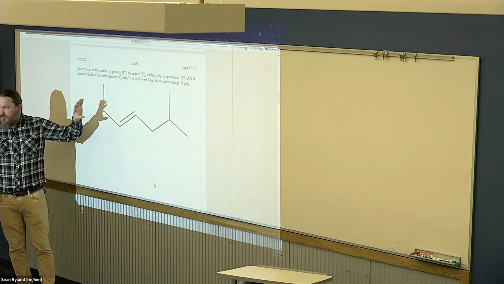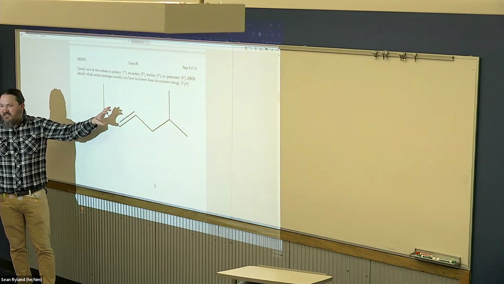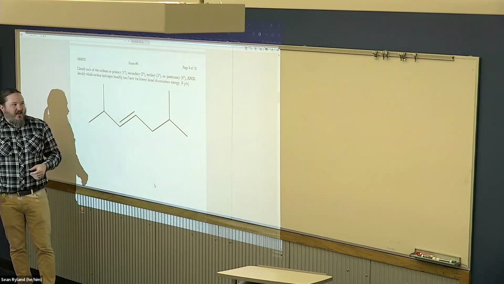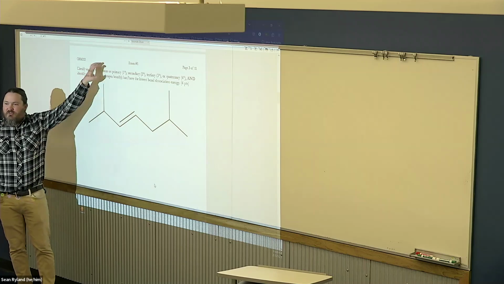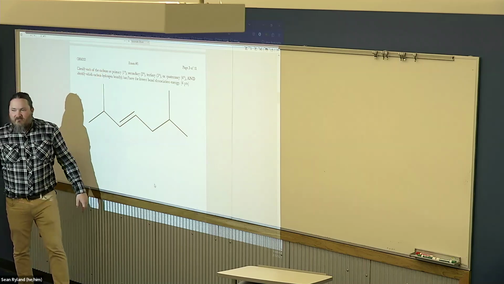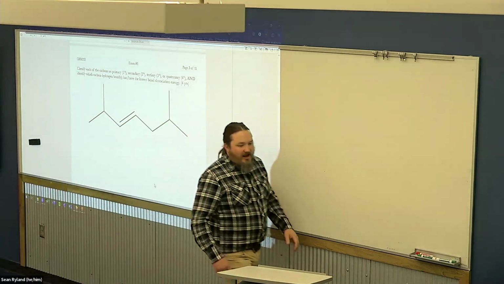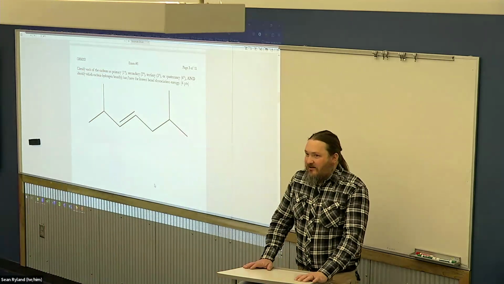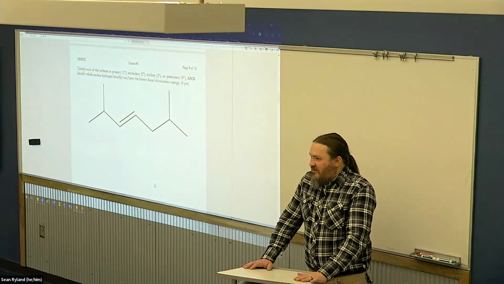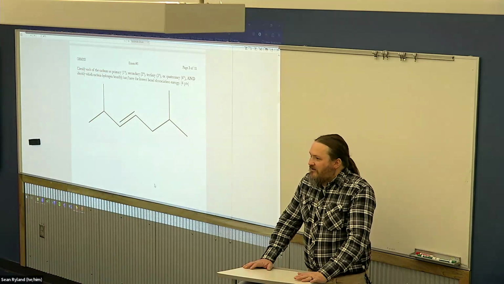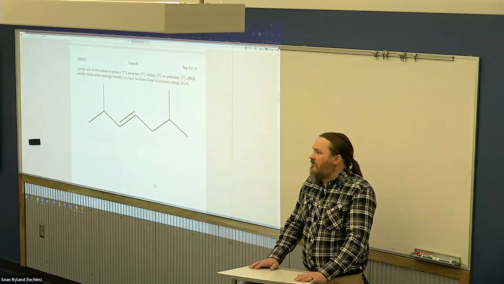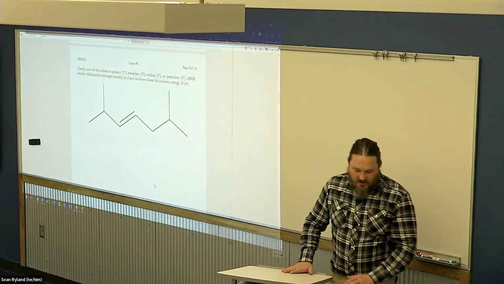So we would actually just put them in a separate category as vinylic instead of secondary. But that's nitpicking, and I didn't put that option up here, so I didn't mark anybody down for that. And it does get down to semantics. I think that there are some textbooks that would say that's a secondary vinylic carbon, and some that would just call it vinylic. So it depends a little bit on who you're reading.